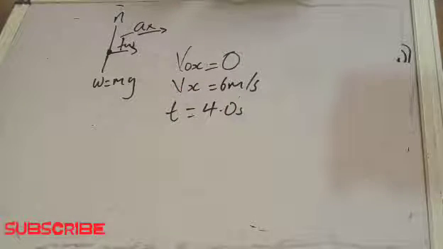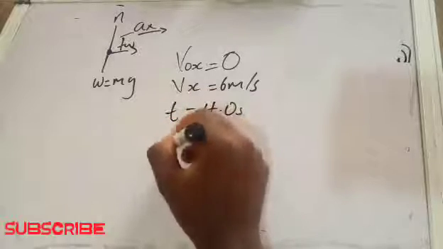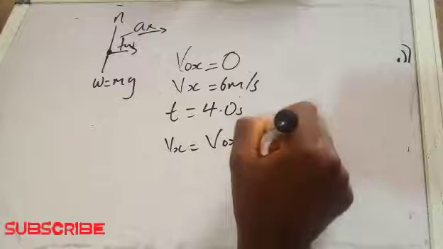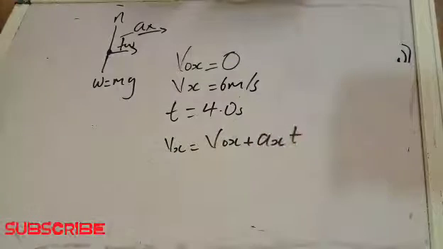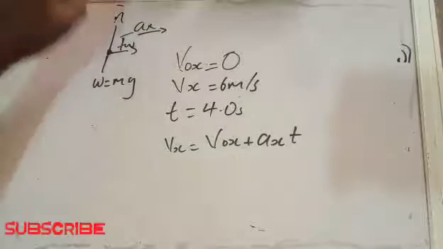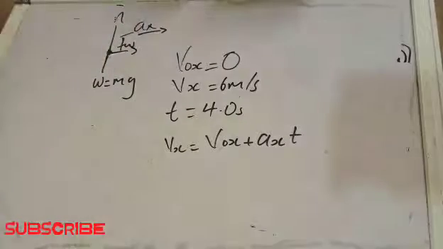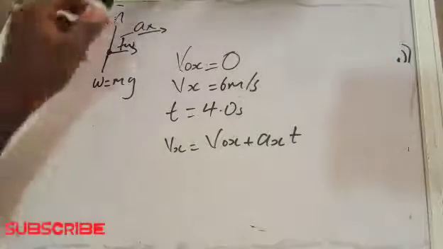Now we use this equation: Vx is equal to V0x plus ax t. Remember this formula, v equals u plus at. The three unknown quantities are acceleration, the normal force, and the horizontal force. These are the three unknowns, but what we want to get now is our acceleration.